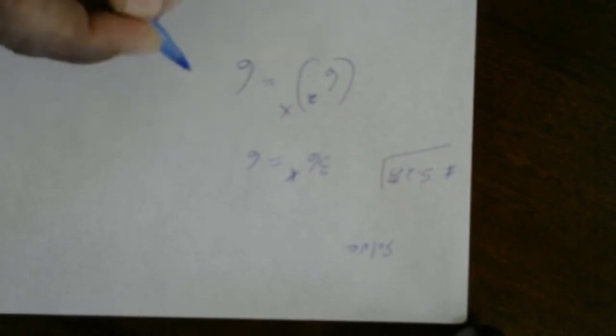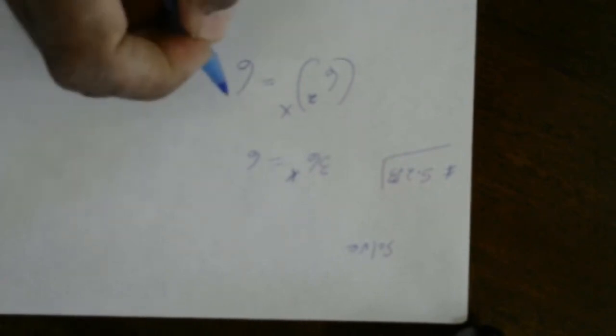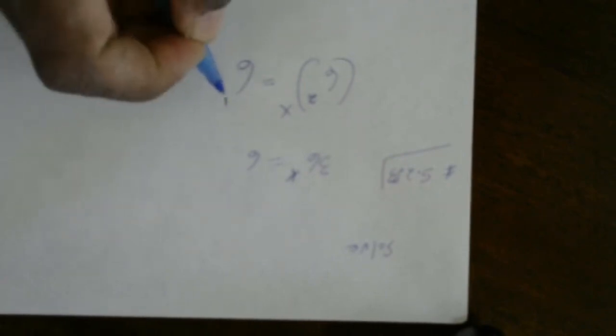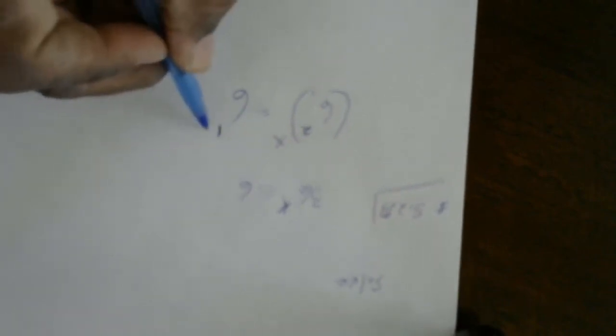So remember, that's still raised to the power of x is equal to 6. Remember that 6 has an understood exponent of 1, so I'm going to just write 1 here. For my rules for exponents, when we raise a power to a higher power, our operation is to multiply.